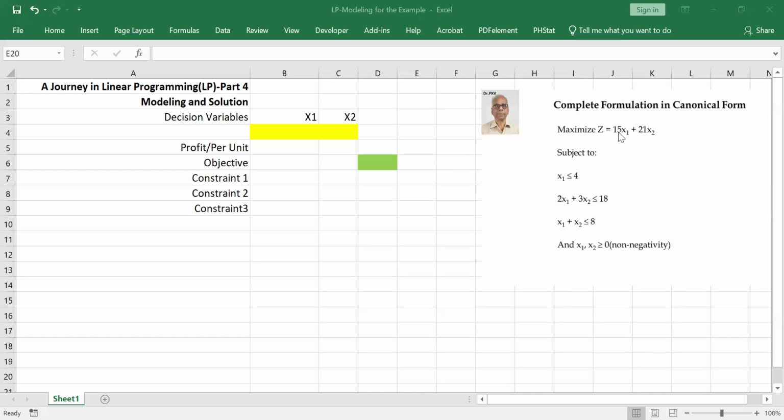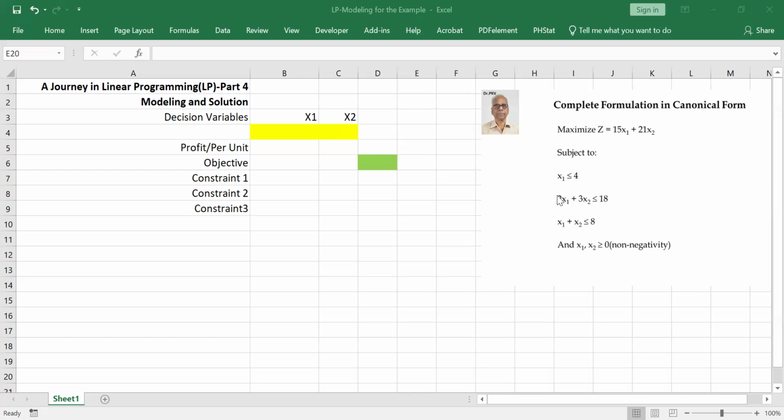The coefficients in the objective function, 15 and 21, represent the profit per unit in dollar terms. The first constraint is the sales constraint, x1 less than or equal to 4. I cannot sell more than 4 units.